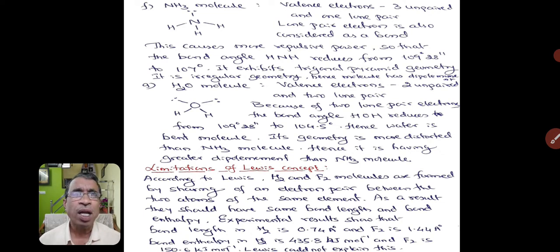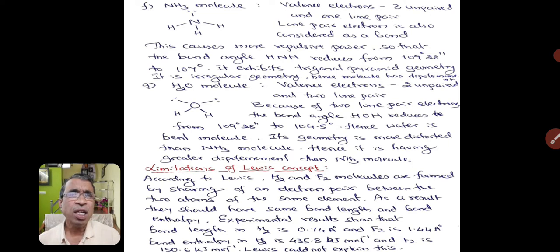As a result, it produces tetrahedral geometry, but because the lone pair-bond pair repulsion is greater than bond pair-bond pair repulsion, the H-N-H bond angle reduces from 109 degrees 28 minutes to 107 degrees. Therefore, it exhibits distorted tetrahedral geometry, which leads to the trigonal pyramid geometry. It is irregular geometry, hence the molecule has a dipole moment.